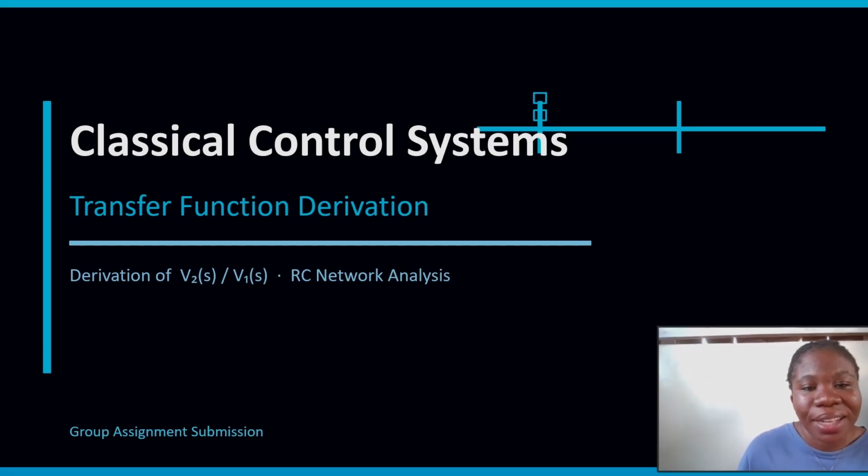Okay, my name is Hadassah Adams, and for us to better understand the circuit for which we are deriving the transfer function, we have to draw it. So at the input node, the first resistor is connected to a capacitor in series.